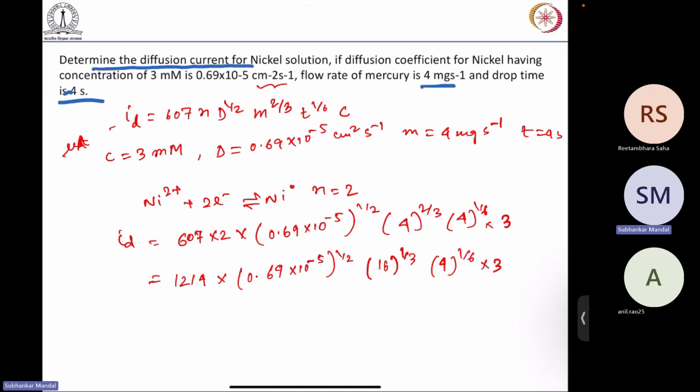I think I need the calculator, because without a calculator this cannot be calculated. If people can calculate this, what is the answer coming?